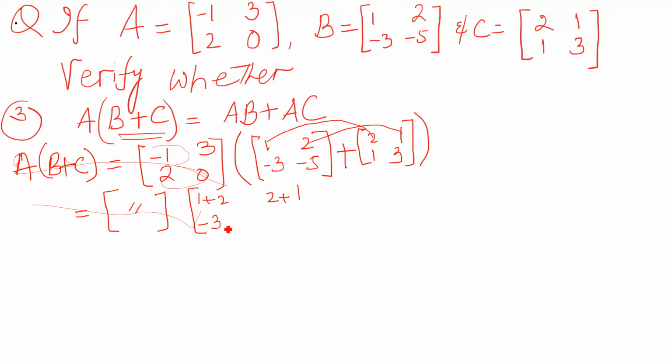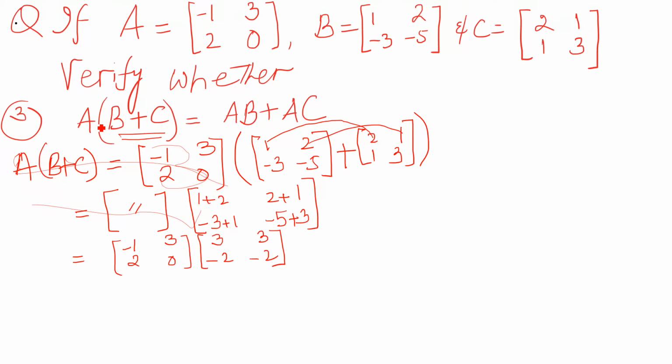Here negative 3 plus 1, negative 5 plus 3. So here A is equal to negative 1, 3, 2 and 0. And here we have 3, negative 2, 3, and this is negative 2. So this is the answer of B plus C.